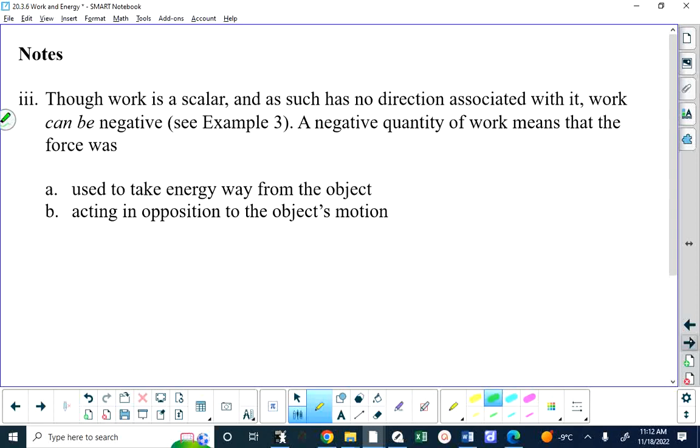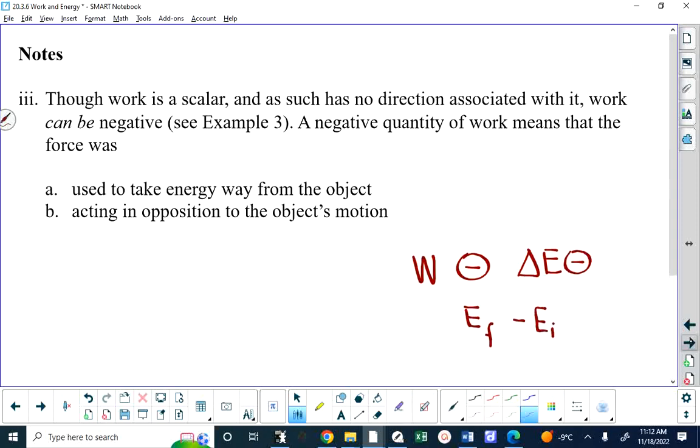Third note, I've already talked about, even though work is a scalar, it can be positive or negative. To put it another way, if the work is negative, that means delta E is negative, and what that means is E_F minus E_I.